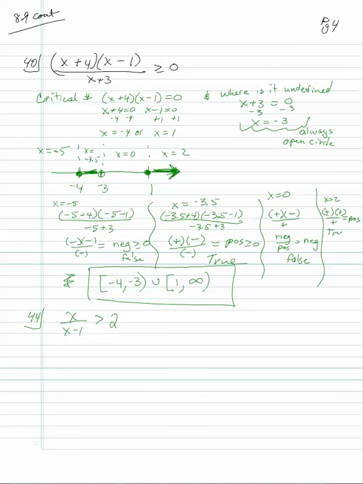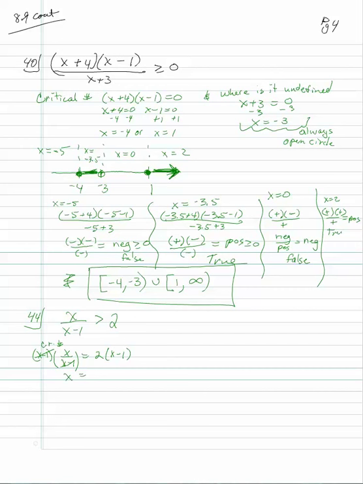You can subtract the 2 so you can get it to 0, and then combine them to make one fraction, and then do it just like we did number 40. Or we can just go with it this way, and our critical numbers are still the same thing, where it's equal. Now since it's not equal to 0, we got to do it like this, and you're going to cross multiply, or you're going to multiply by the LCD.